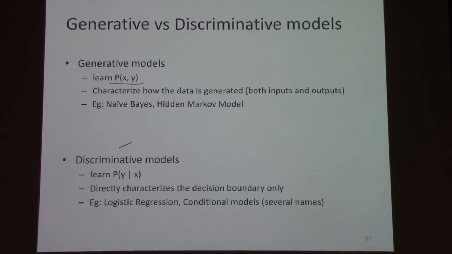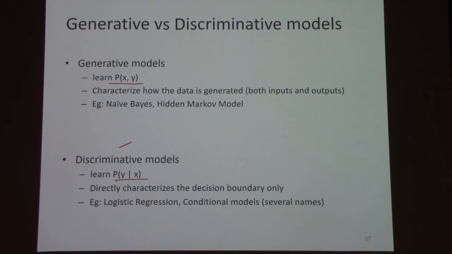A discriminative model says, you know what, I really don't care about how features are generated. All I want is a predictive rule. So all I'm going to do is learn p of y given x. I'm just going to directly characterize the decision boundary. I only want functions that make decisions at the end.